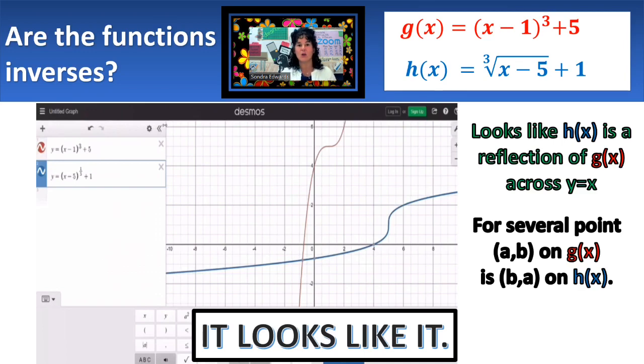And who knows, just looking at the graph, I think this crosses at 4, but how do I know it doesn't cross at 4.001? So now we're going to move on to a more formal approach at proving that g and h are both inverses of one another.